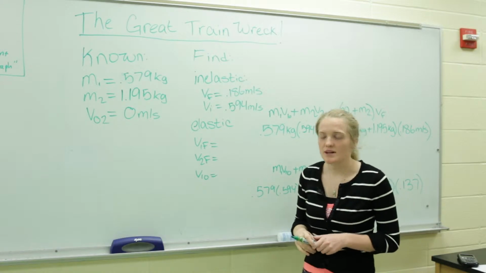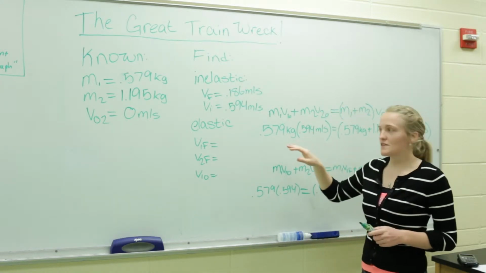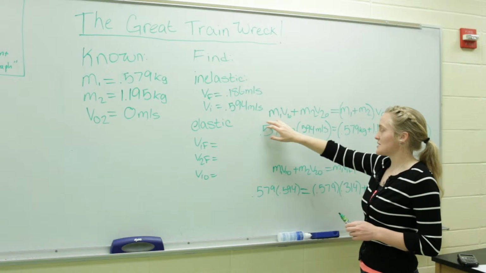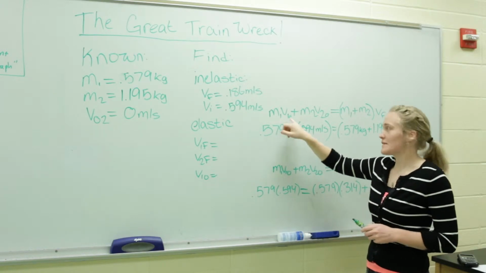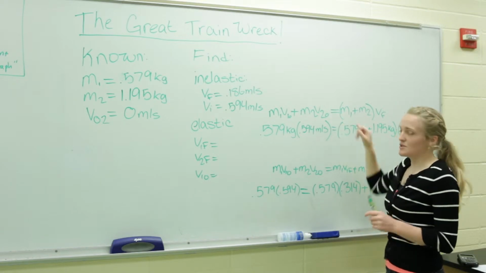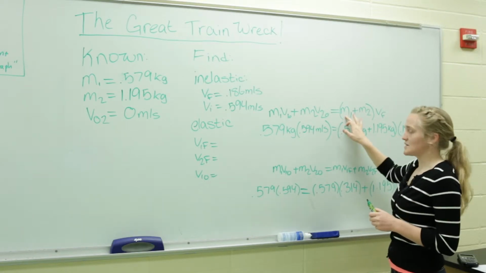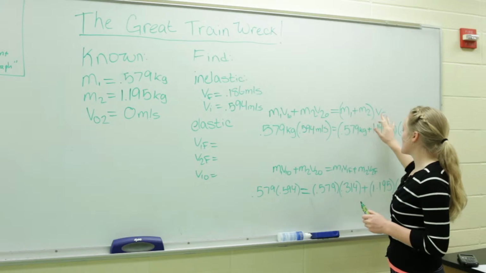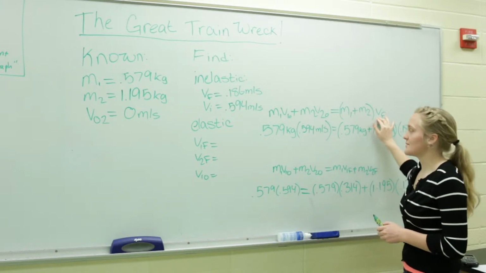If we work out the calculations, conservation of linear momentum is mass 1 times velocity 1 plus mass 2 times velocity 2 is equal to, if the carts stick together, mass 1 plus mass 2 all times the final velocity.